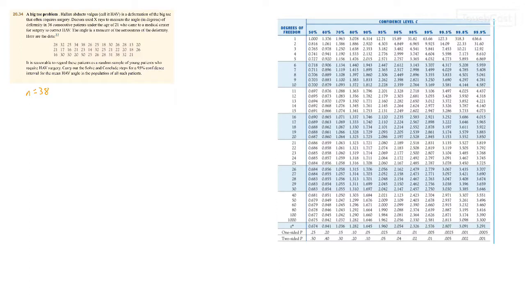If I put the data into a spreadsheet program and calculate the mean, which in spreadsheets is the function called average, I get x bar of 25.421. My degrees of freedom is 37, because it's just n minus 1. I can also calculate the standard deviation of the sample with software, getting 7.475.